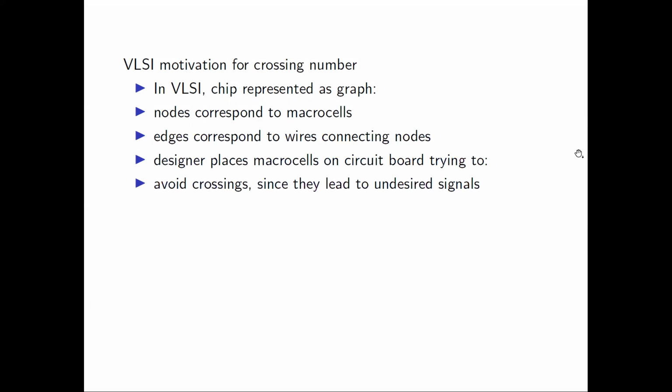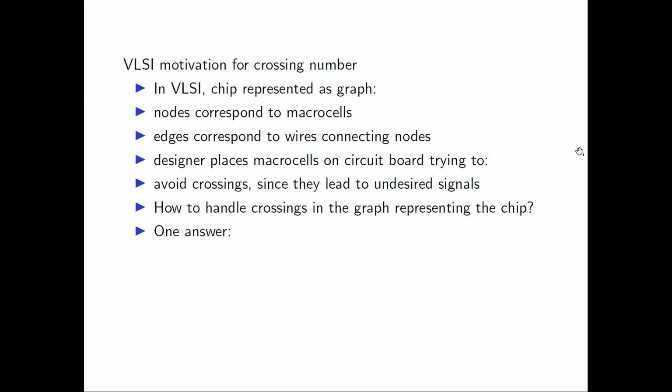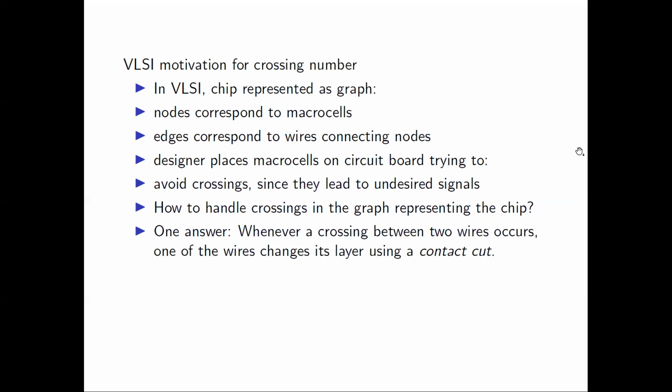So one way to avoid crossings is whenever you have two wires that cross, you change the layers of one of the wires. So doing this, changing the layer of one of the wires whenever you have two wires that cross, each time you change the layer is called a contact cut.